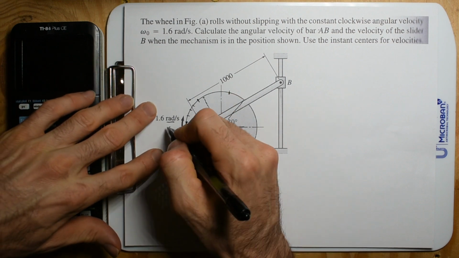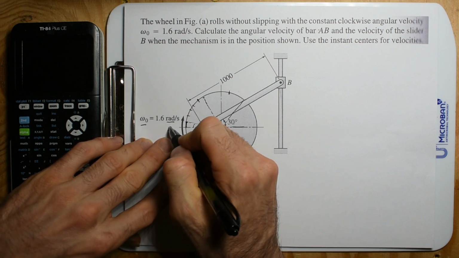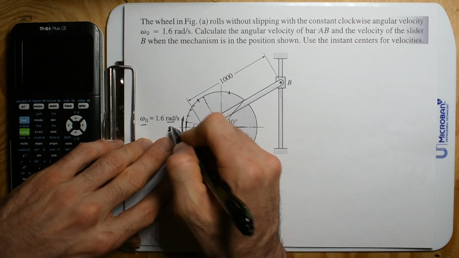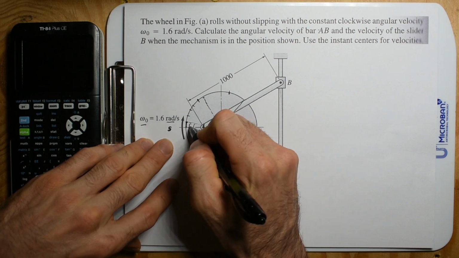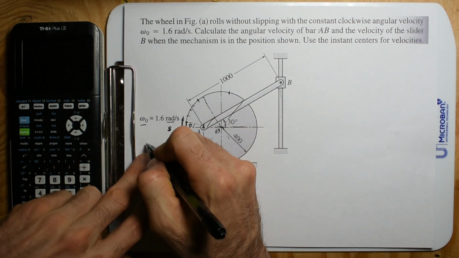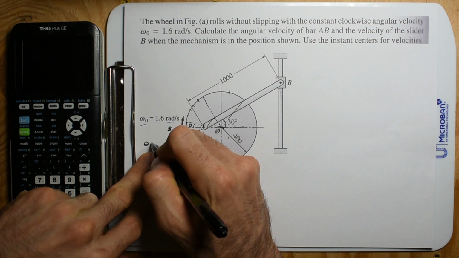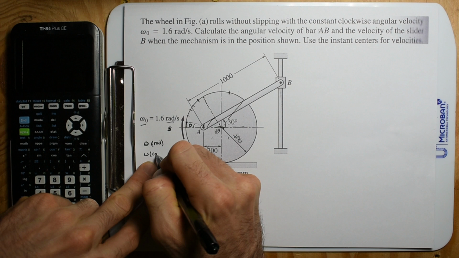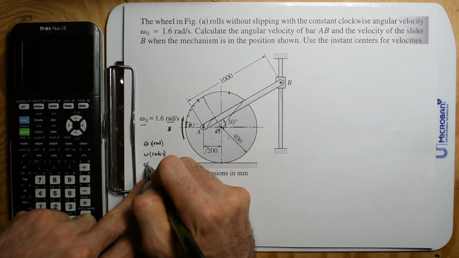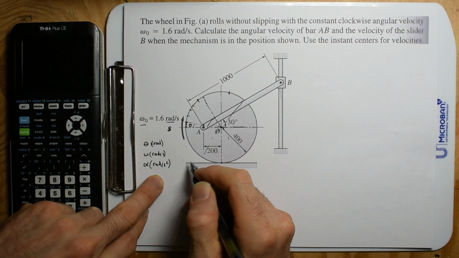I never do this, and I think even the arc length equation is not super intuitive. I get to it by saying, hey, this is the angle in radians, and there are a few things that are radians. So angle is in radians, omega is in radians per second, and angular acceleration is in radians per second squared.